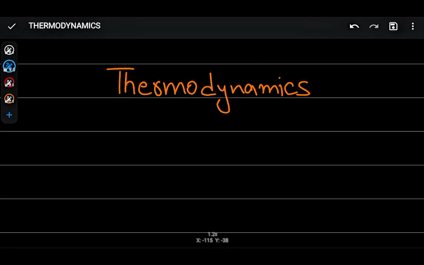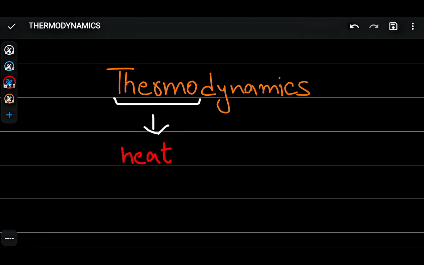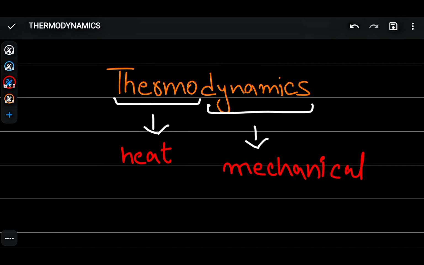About thermodynamics. So what's the meaning of the word thermodynamics? The word thermo means heat, and the word dynamic means mechanical. So now, what will be the meaning of thermodynamics?